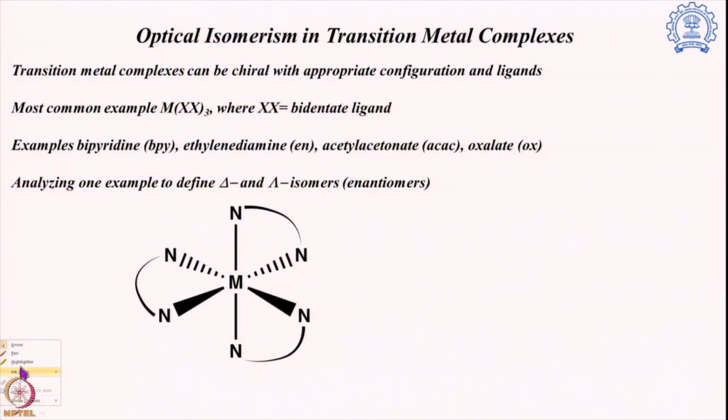Now a metal binding to bidentate ligands can have this particular structure. Over here, when we have formed this complex with bidentate ligands, it is now a chiral molecule.